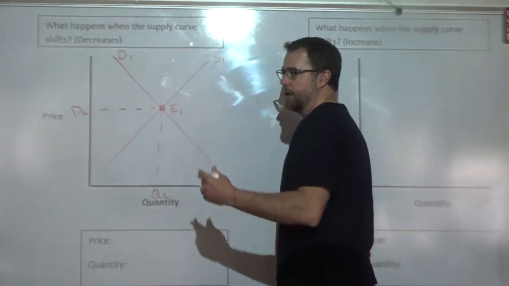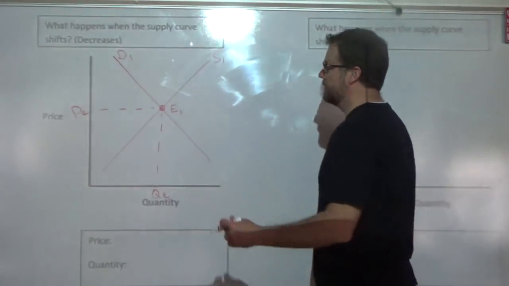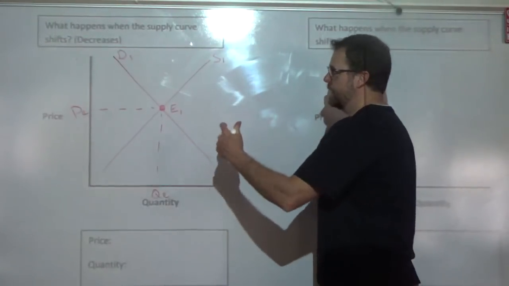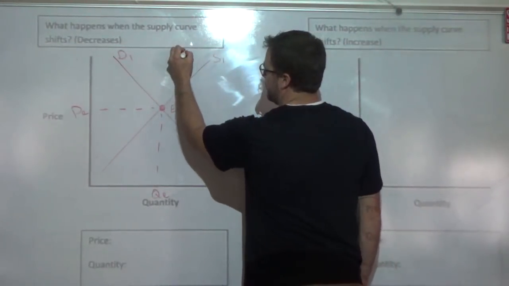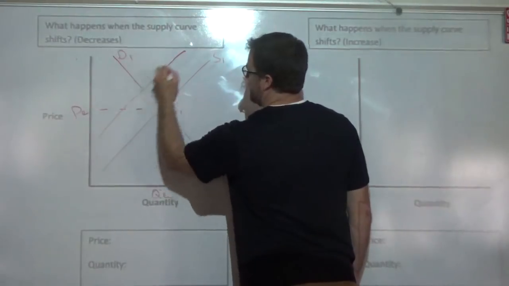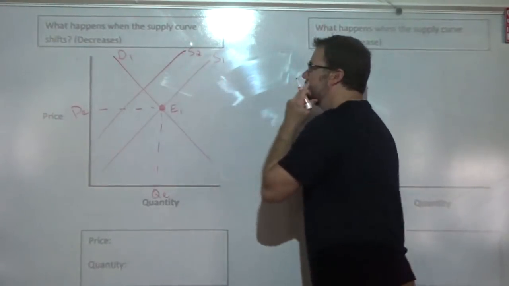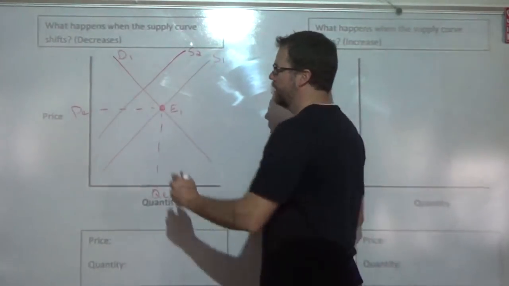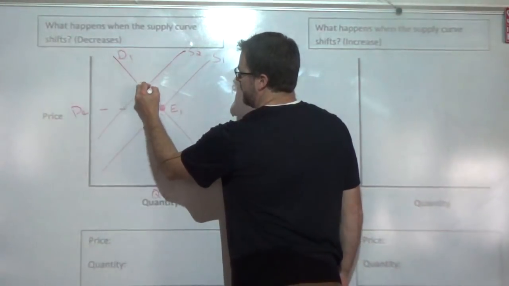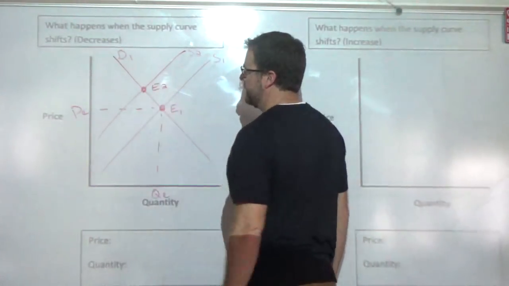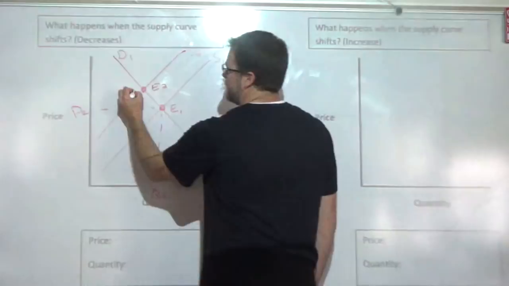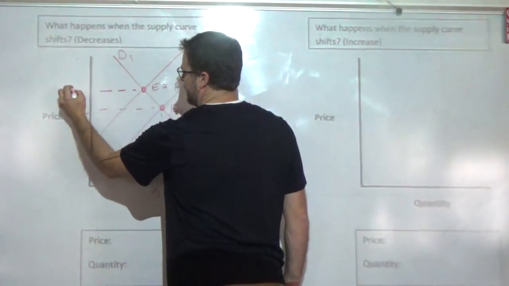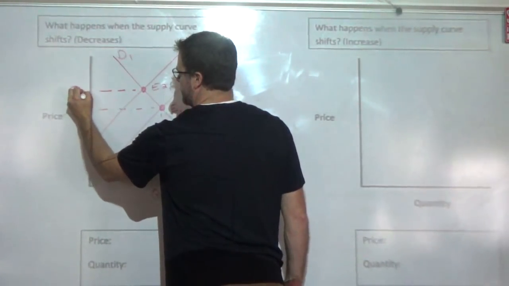So let's say it's costing more to produce this particular good. The cost of inputs goes up. Our supply decreases with a shift to the left. So now we have a new supply curve. We have a new point, E2, of equilibrium. So when this happens, cost of inputs increases, so our supply decreases.